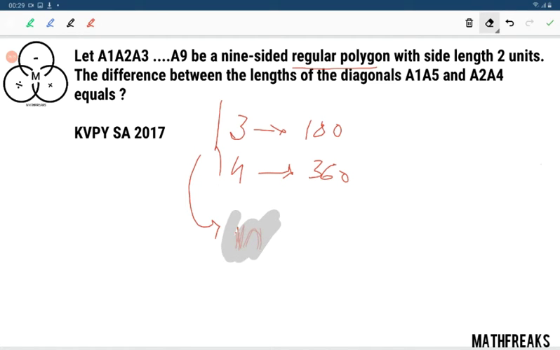Sometimes actually my stylus doesn't work, so I don't know why. For a polygon with 4 sides, the total sum of interior angles is 360 degrees. Polygon with 5 sides, this will be 360 plus 180 degrees. Then for a polygon with n sides, can we not conclude anything? 180 for 3 sides.